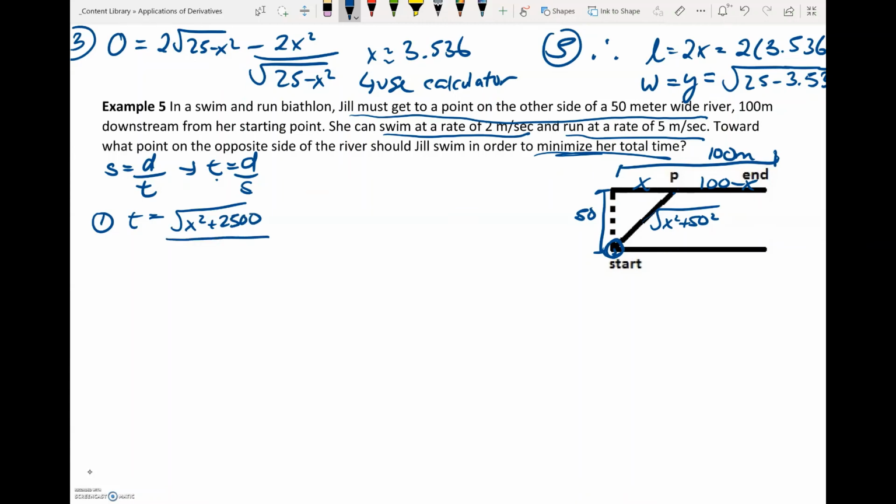And s, our speed, is given to us, the rate is 2 meters per second. Plus how far she needs to go downstream, the distance here, 100 minus x, over her running speed, 5. So this is talking about her swim time, and this is talking about her run time.